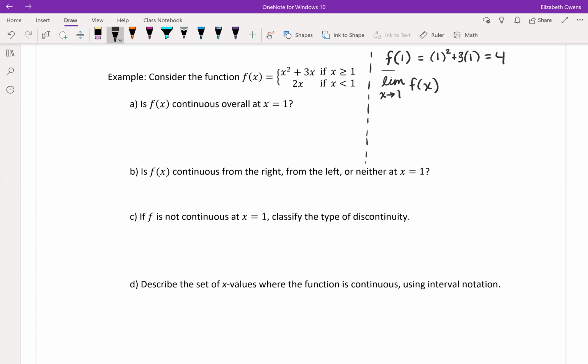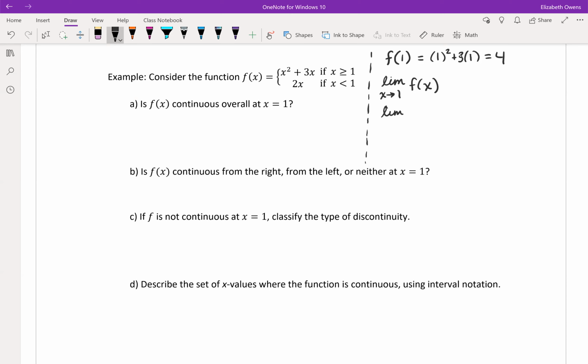Well, we did already substitute, but that was just to find the value of the function. This is piecewise, so we can't really direct substitute per se. Can't really factor and cancel. There's no conjugate. Probably don't want to sandwich that. That seems odd. So let's look at the one-sided limits on this.